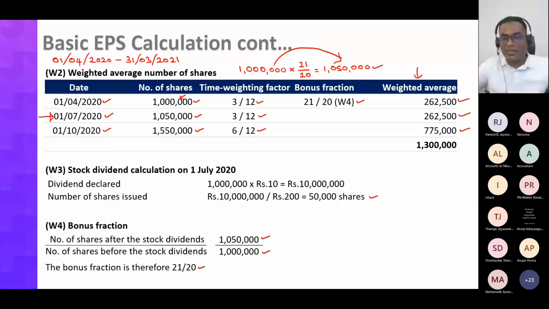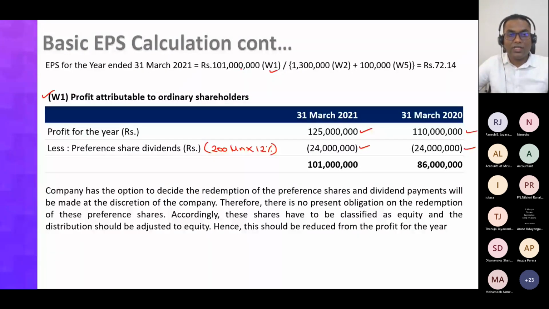Add them together and get the figure. What is the weighted average number of shares? 1,300,000. So this is my denominator. Are we okay with that? Then I need to compute my EPS for the year ended 31st March 2021.